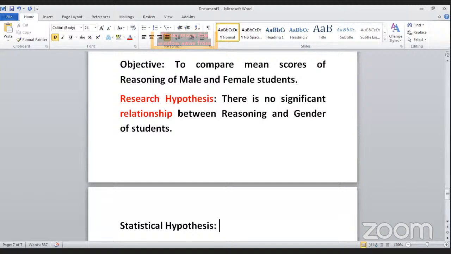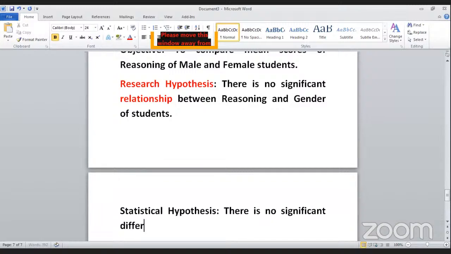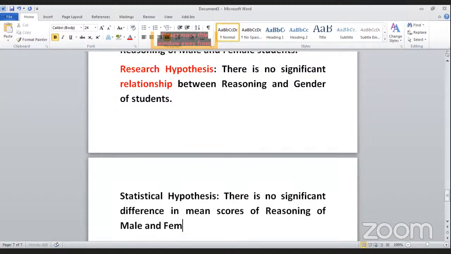Now when I'm formulating the statistical hypothesis, I must use the statistical word, and therefore it is: there is no significant difference in mean scores of reasoning of male and female students.